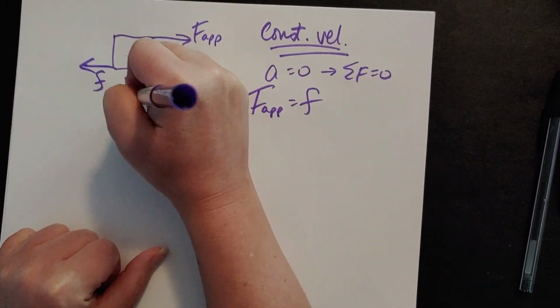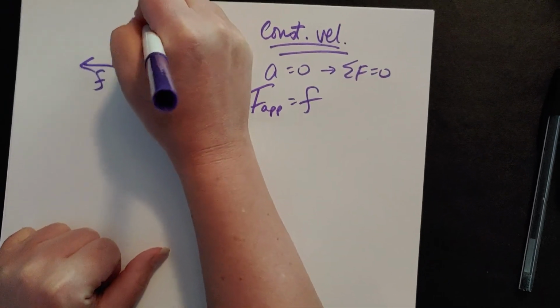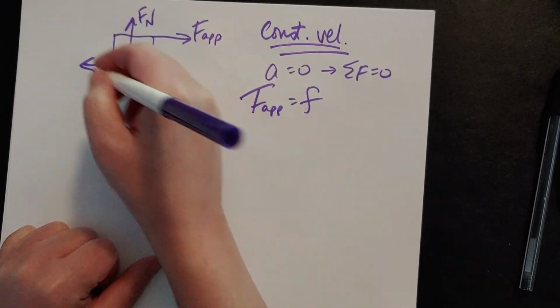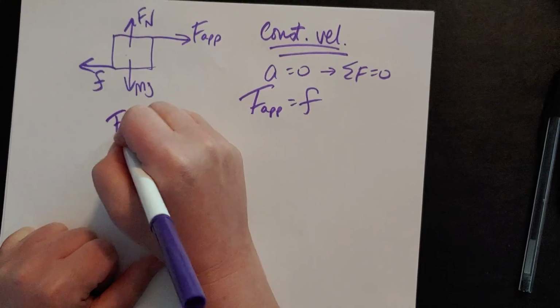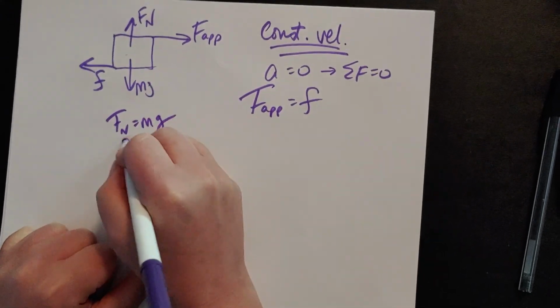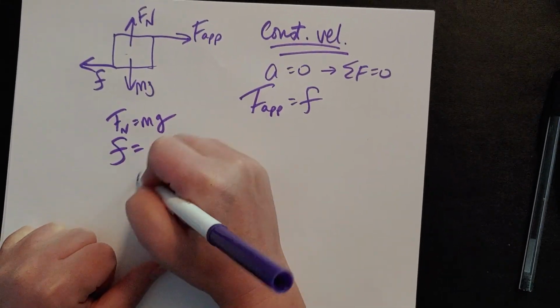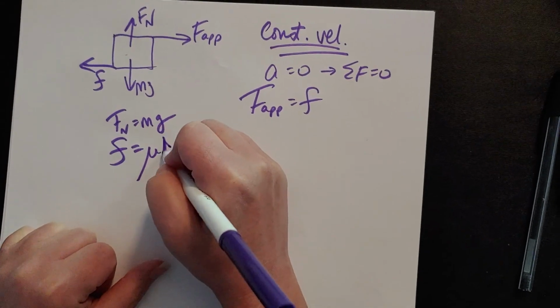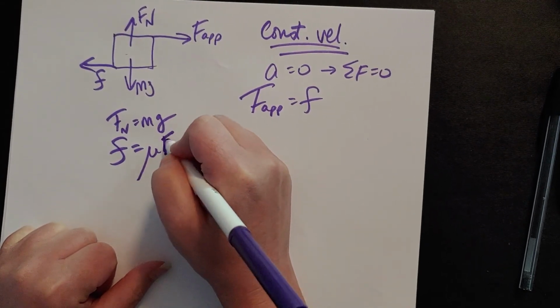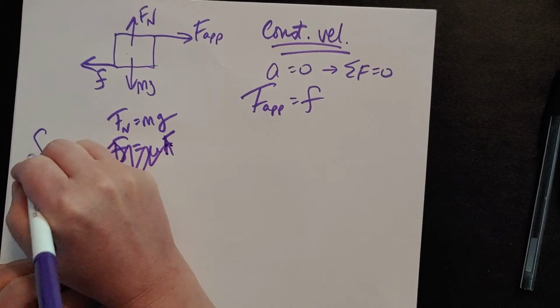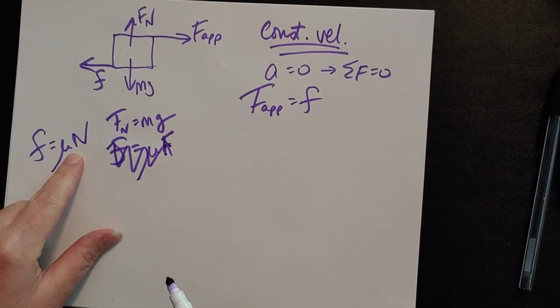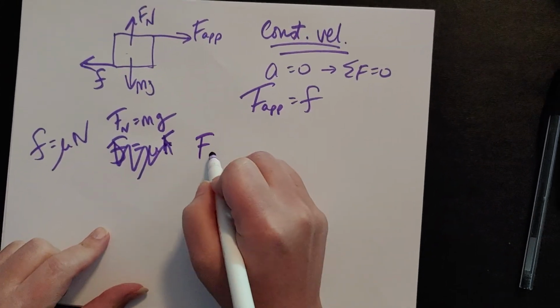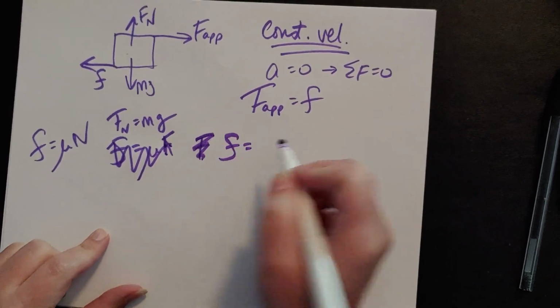You might also remember that if it's just on this horizontal thing, then Fn is mg, and then friction is μFn. Sorry. People say friction is fun because they write normal force with an N. Often I just do this. Oh my gosh. Sorry. I'm not starting this video over though.